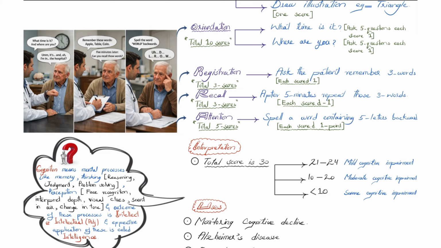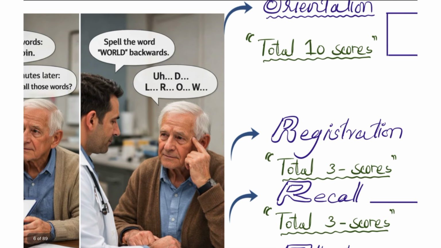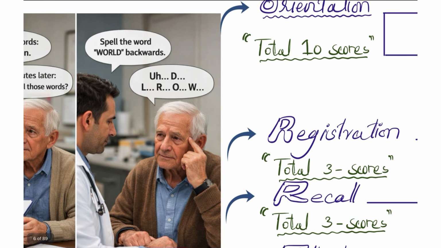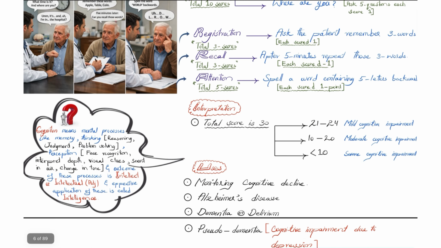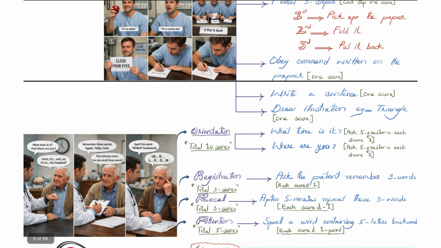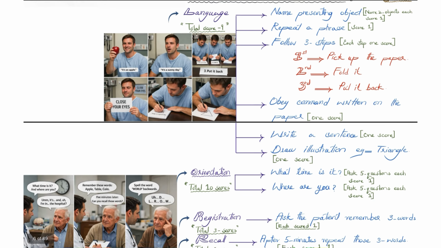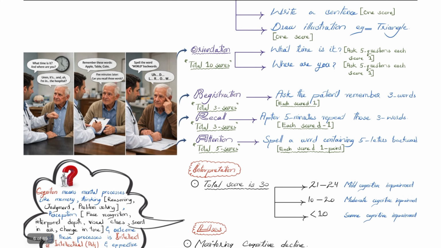Ask the patient to spell a word containing 5 letters in backward fashion, like the word world, spelled backward as DLROW. The figurative aids and supplements of each parameter of the Montreal cognitive assessment are provided to you on the side of the text.